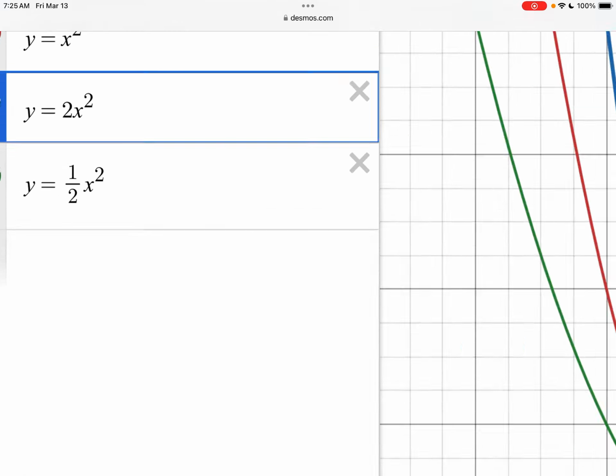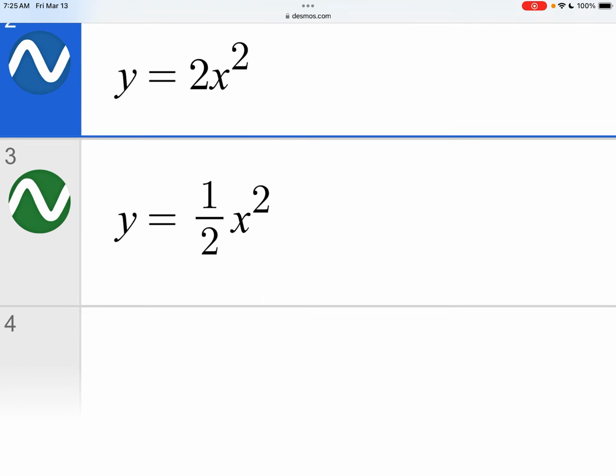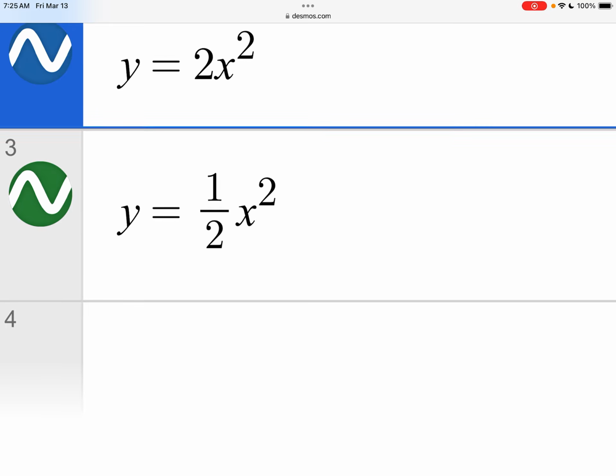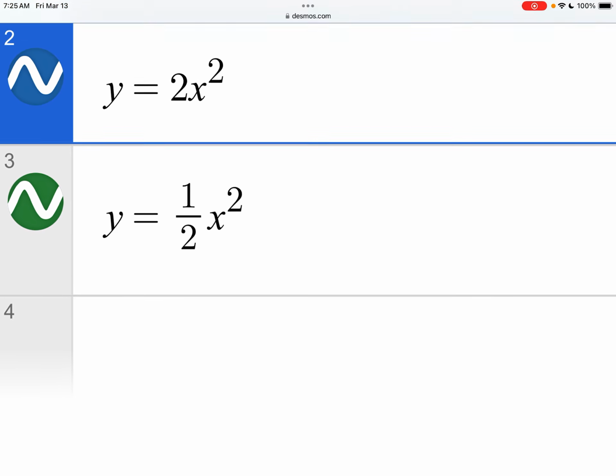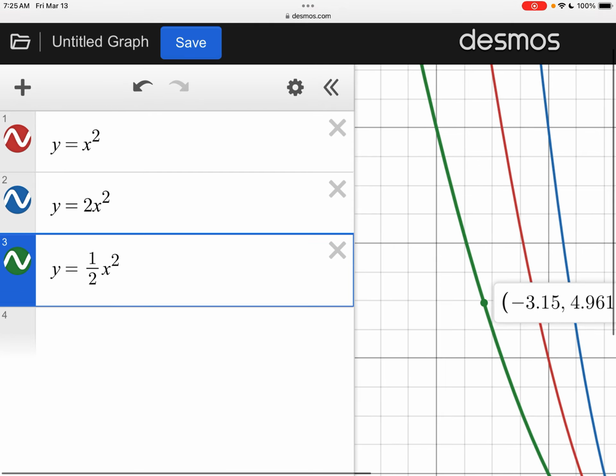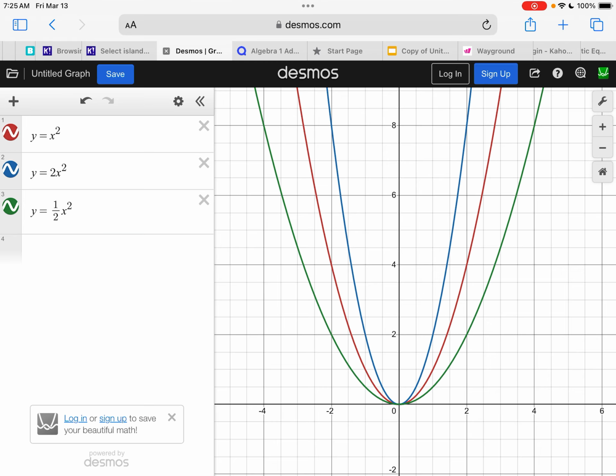And then the green line, notice that it's a fraction in front of the x squared. Since we have a fraction in front of the x squared, it's going to release the rubber band some, and the parabola is going to get wider. So notice that the green parabola is wider than the other two.